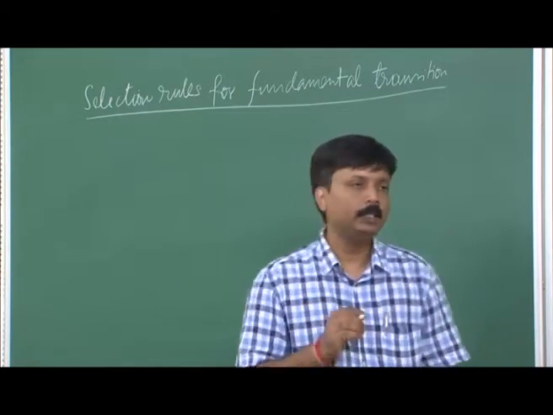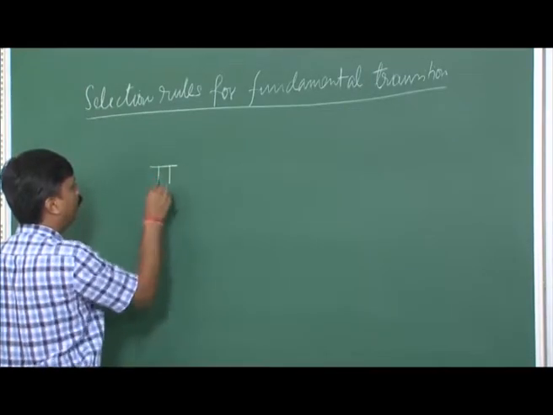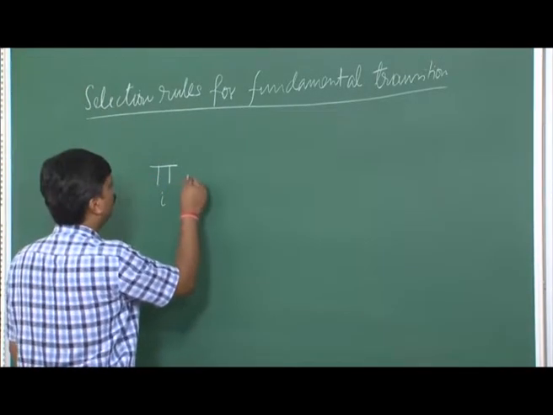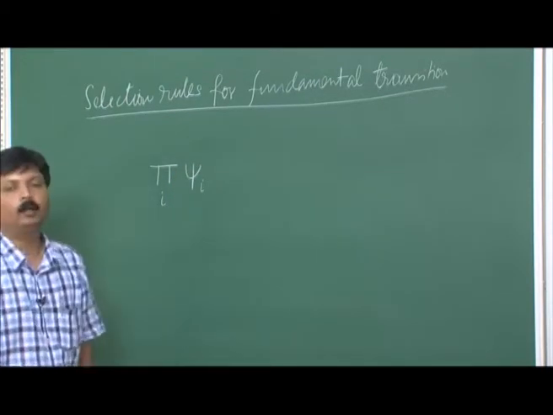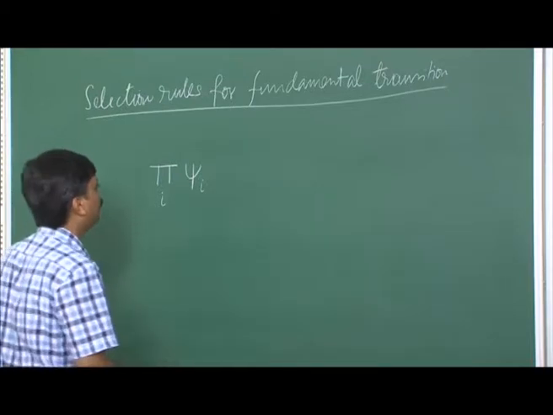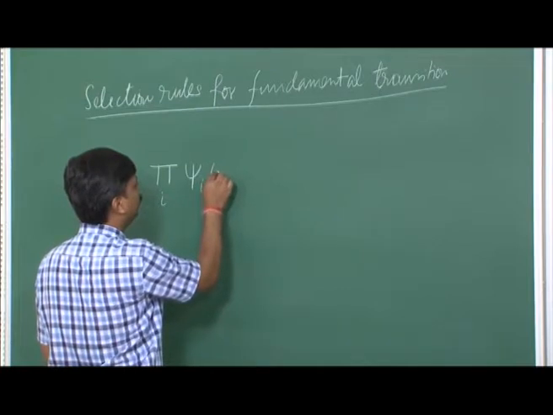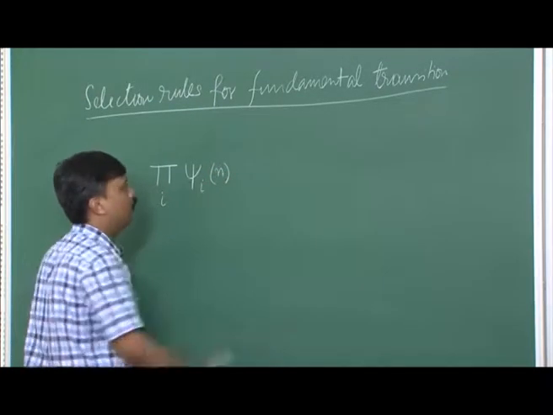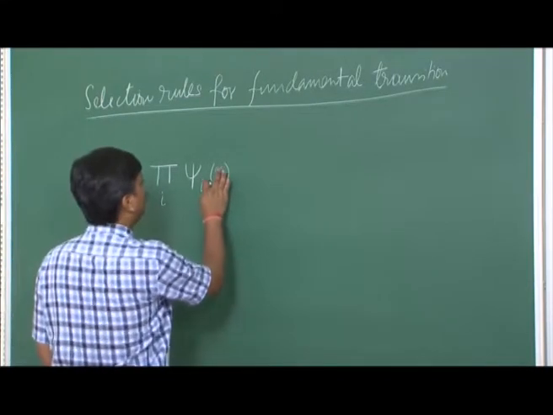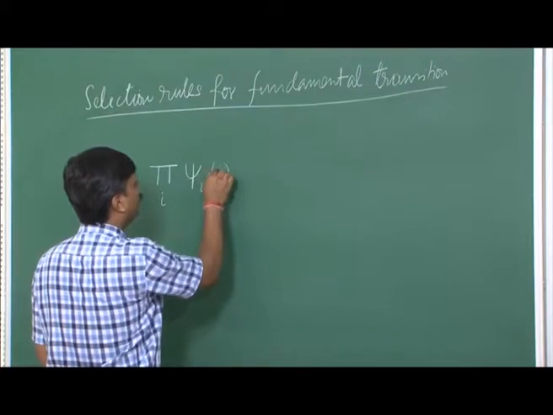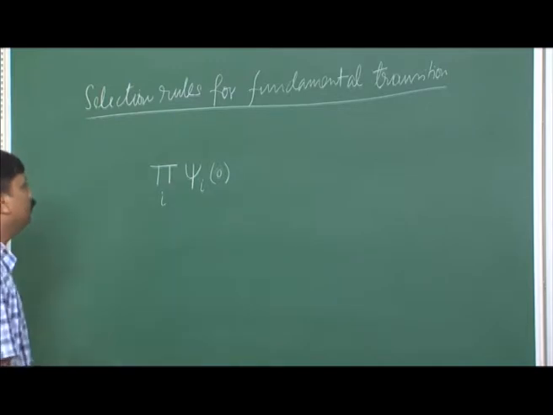Which is written as say the product of all the wave functions. Now if I say this is my vibrational quantum number, then if n equals 0, and all of the wave functions are at 0th vibrational level, then this is my molecular ground state.